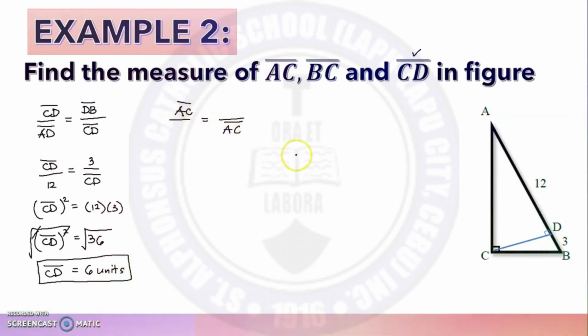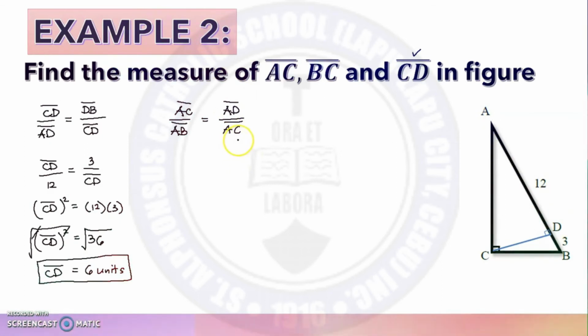AC is the geometric mean of the hypotenuse, and the hypotenuse is AB. So we'll write AB there. And the segment adjacent to AC. So in this is AC, and the segment adjacent or close to AC is AD. There. So we already built up our proportion.